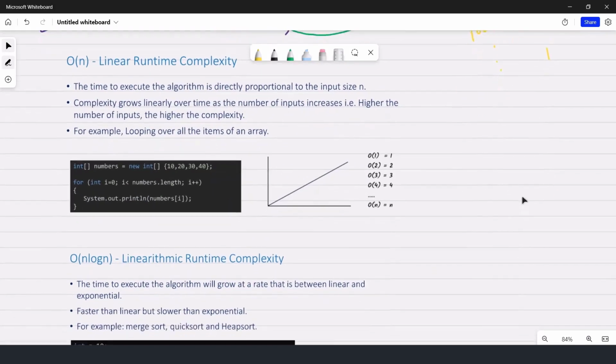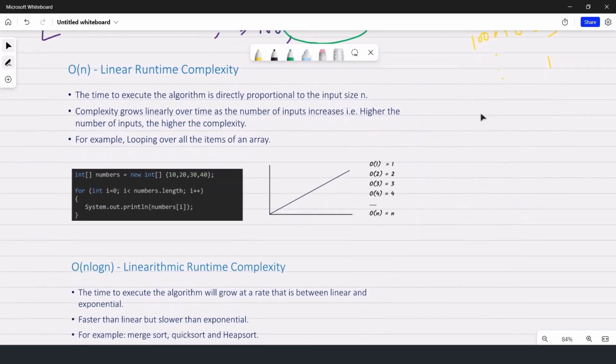Next is O of n, that is linear runtime complexity. Here you can see the complexity of the given snippet can be analyzed in terms of time complexity and space complexity. The time complexity of the code can be determined by examining the loop. In this case, the loop iterates over the array numbers using the index variable i.